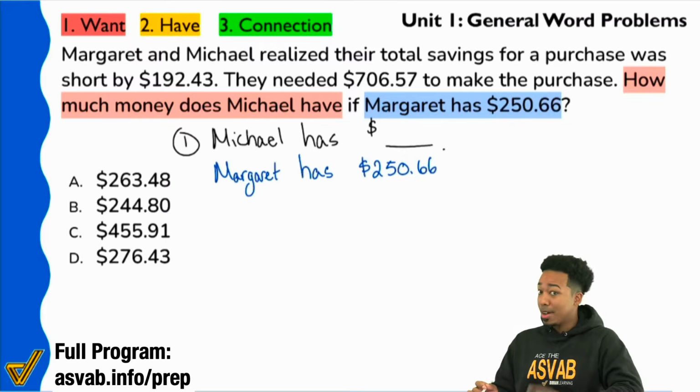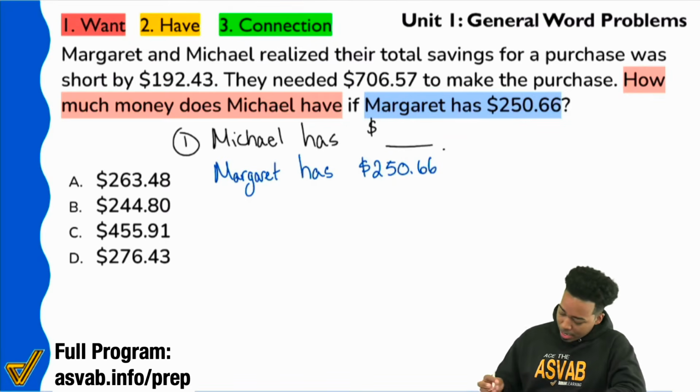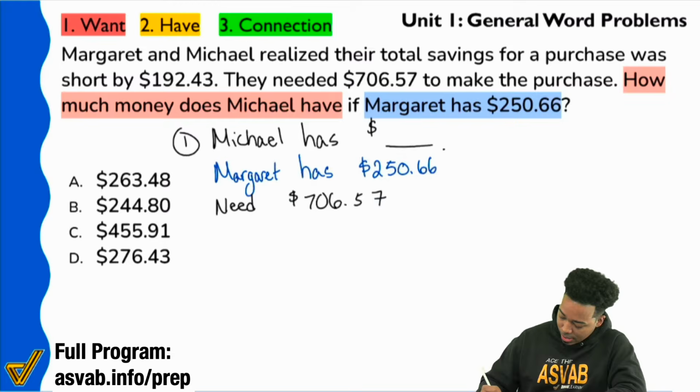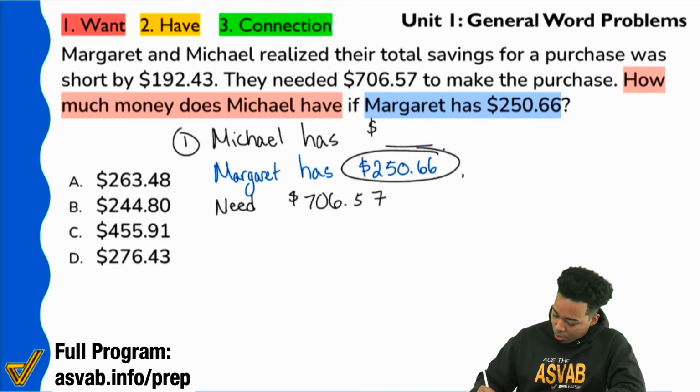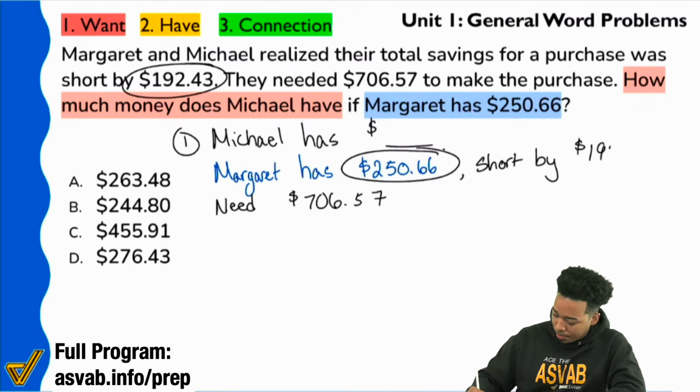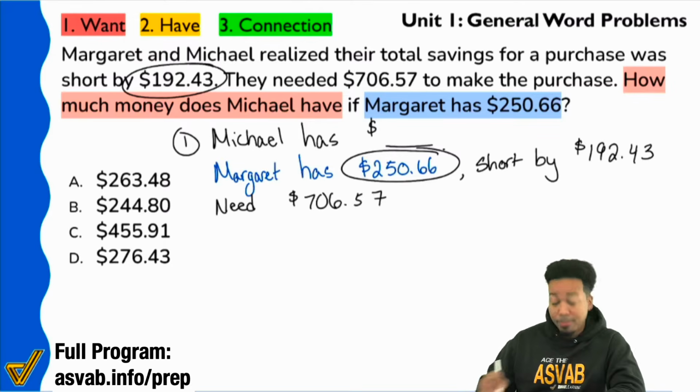Well, let's think about it. Because if they need that $706.57, but then Margaret has this much, and they were also short by the $192.43, let's think about what that might mean.